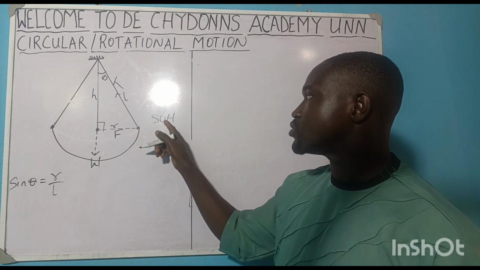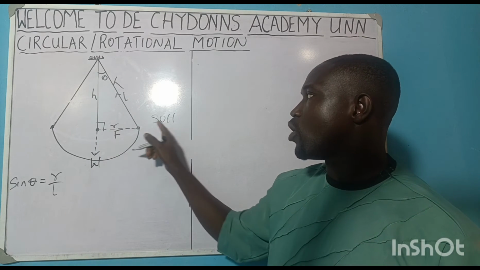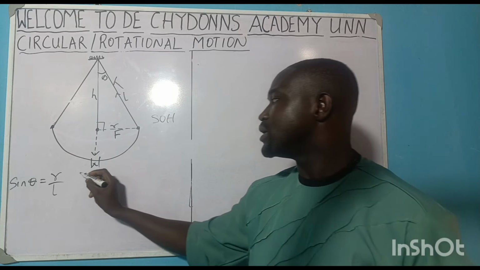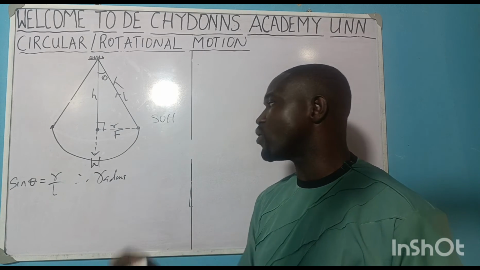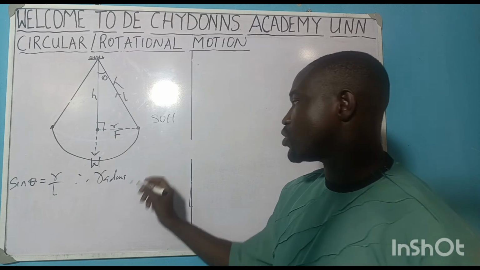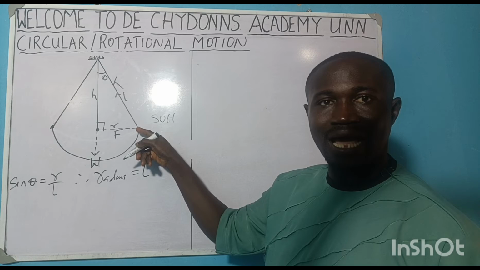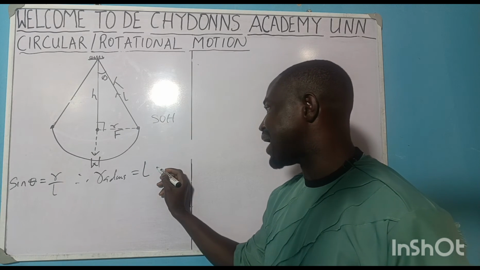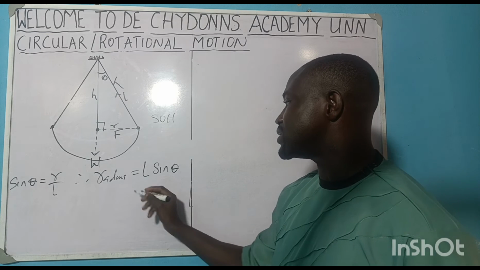Sine theta equals opposite, which is R, over hypotenuse, which is L. Therefore, to get the radius of a body undergoing horizontal circular motion, we say R equals the length, the slant height, that is L, times sine theta.